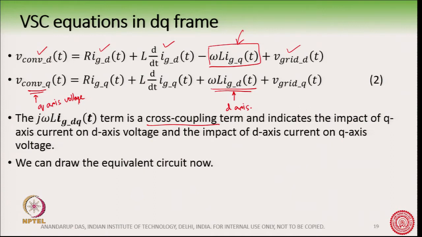Why? Because when we want to control the d axis voltage, we do not want an interference from the q axis current.